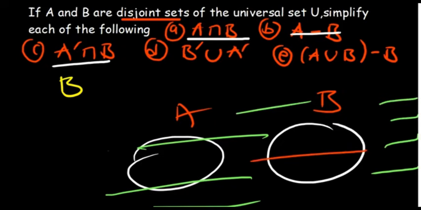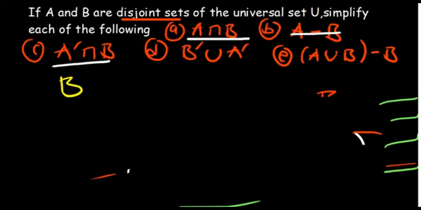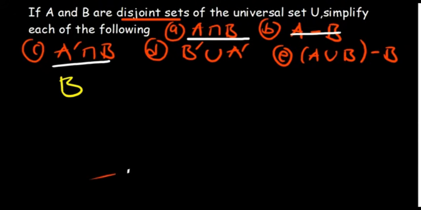It's the region outside A as well. At the end of the day, since we have a union there, you're going to realize that the entire universal set is going to be shaded, because these guys are disjoint sets. So what we have is just the universal set as our solution.